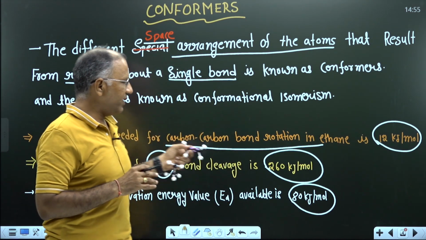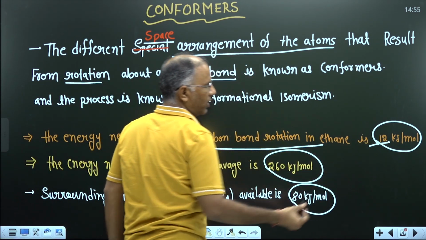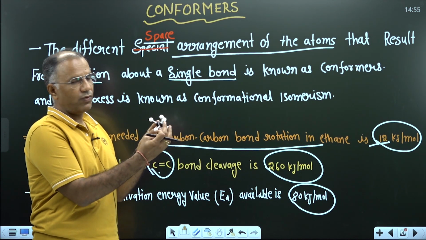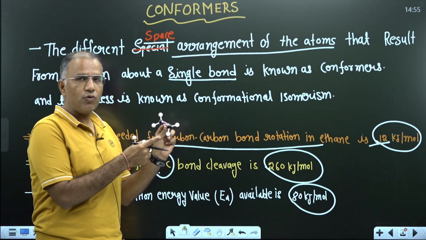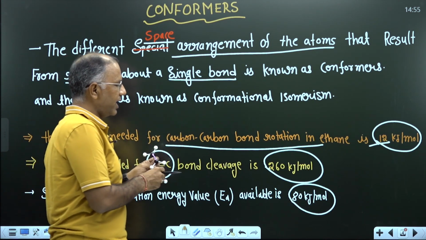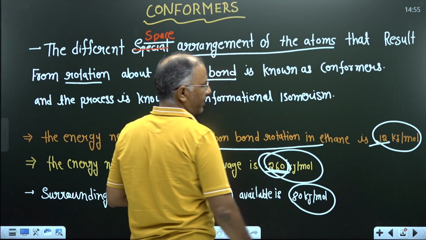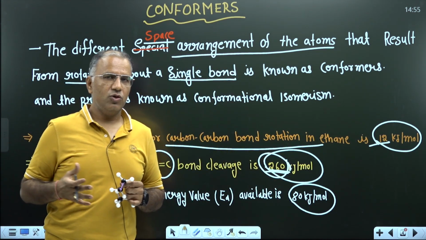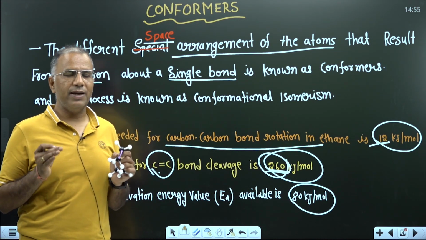As we know, the energy needed for C-C bond rotation is 12 kilojoule per mole. But to rotate the double bond, I have to break the pi bond, and the energy needed is 260, which is not available at room temperature. Conformers are mainly formed at room temperature, so whatever discussion of conformers is going on, the temperature is room temperature.